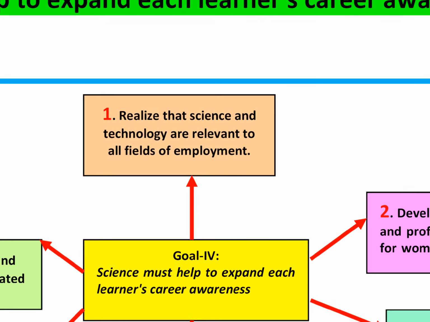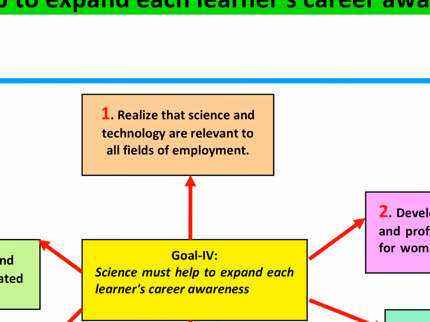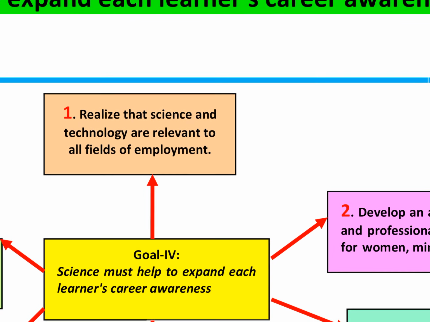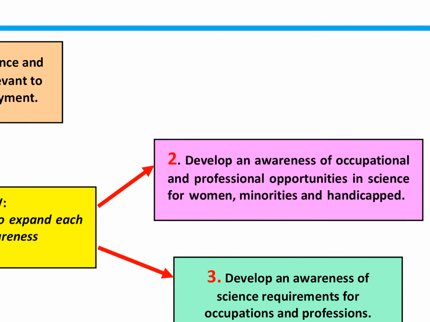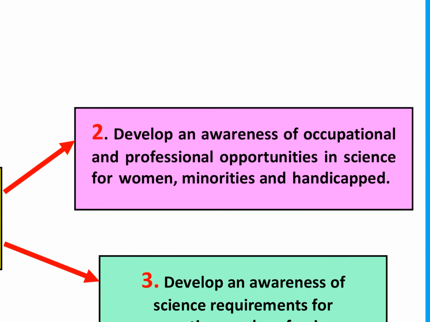So the knowledge of science and technology is very, very important, and it is equally applicable in the different fields of employment. Secondly, the learner must be able to develop an awareness of occupational and professional opportunities in science with reference to women, minorities, and differently abled people.